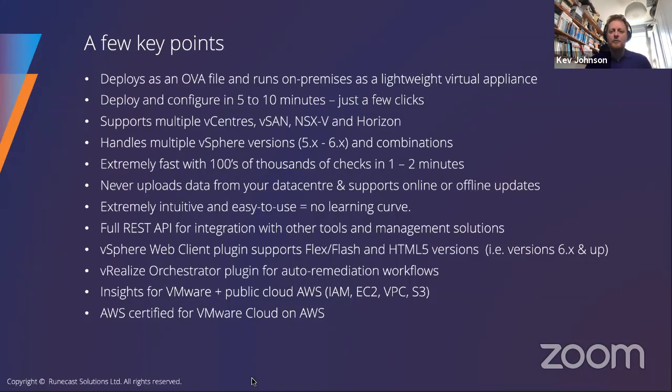We do have customers that run Runecast Analyzer in an entirely disconnected network, for example in a submarine at the bottom of the Atlantic Ocean. We do have capabilities to provide updates out of band, so you don't require internet access. But if you do have internet access from your appliance, you can get those updates. They come down automatically.